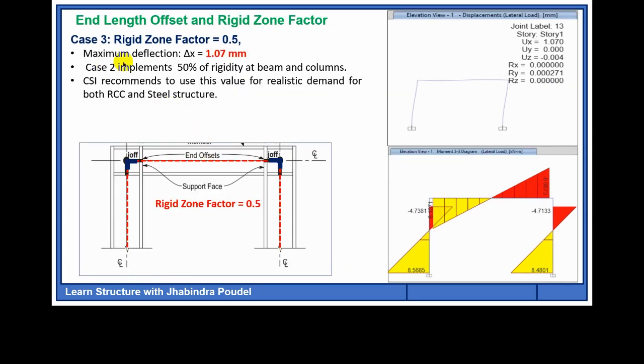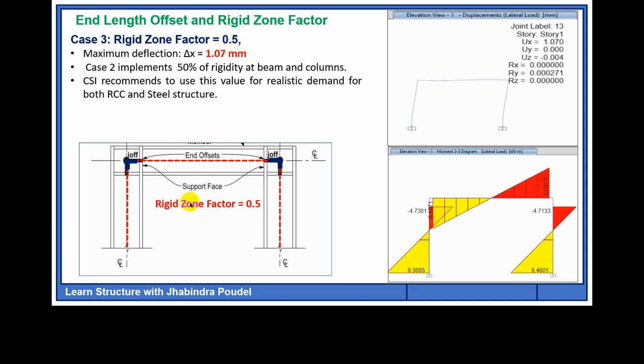The third case is where the rigid zone factor is modeled at 0.5. If the rigid zone factor is considered as 1, the structure is fully rigid, and at 0 the structure is not rigid, and this is a point somewhere between 0 and 1, I mean 0.5.